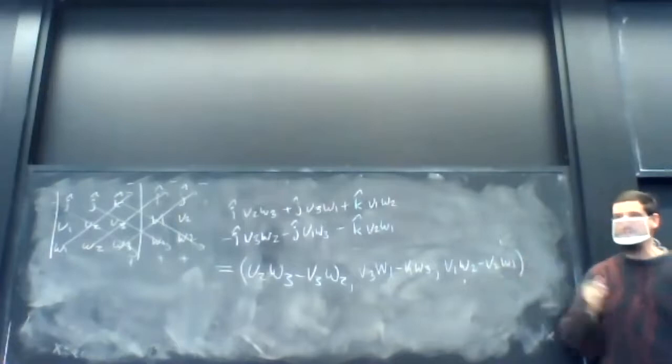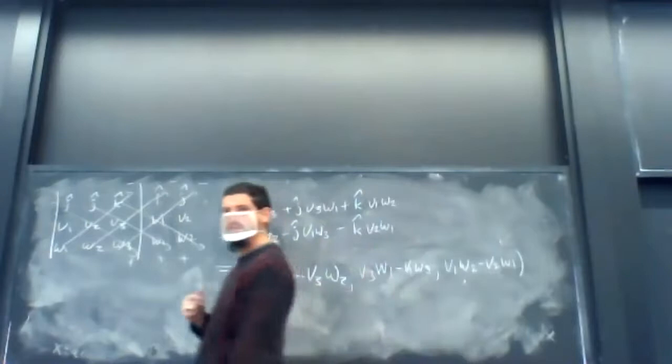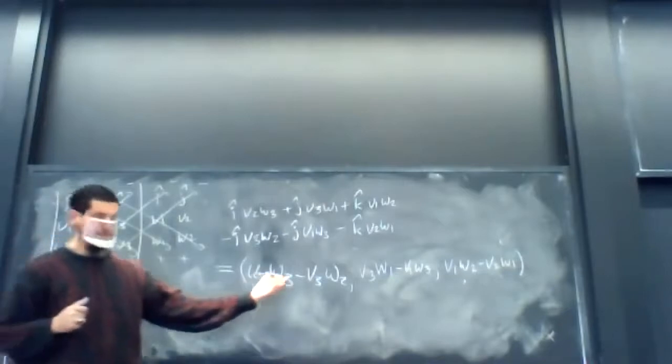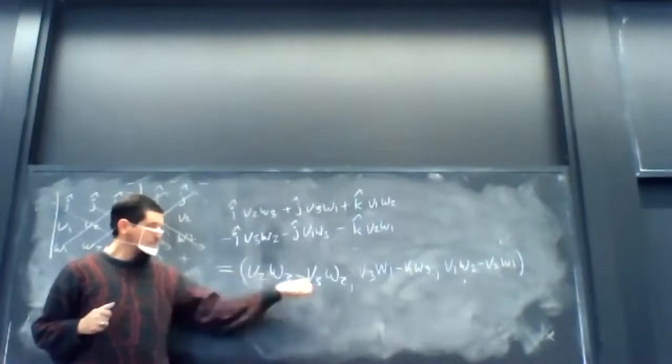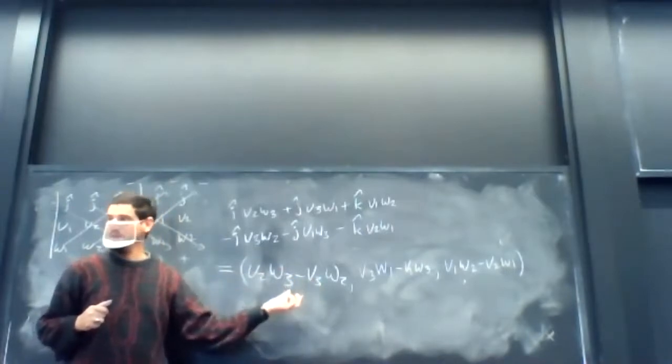Anybody notice anything about the components? What patterns do you see? What do you notice about the first component? 2, 3, 3, 2. What's missing? The first component doesn't have any ones.